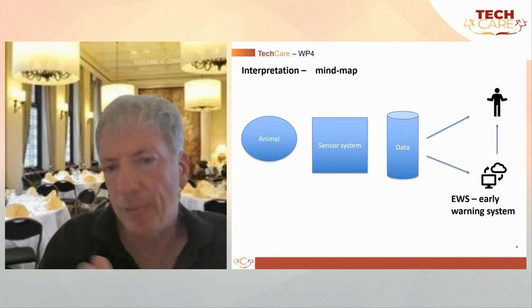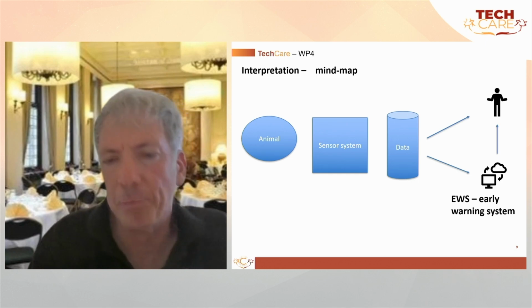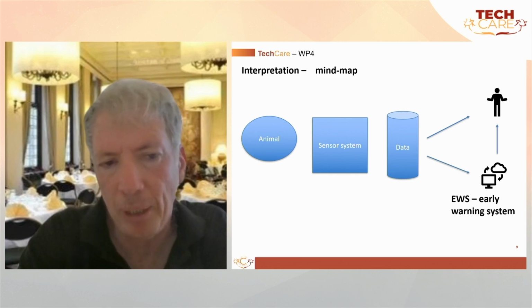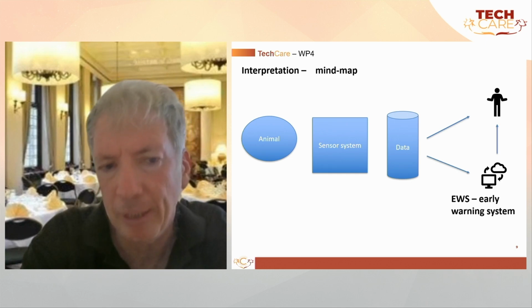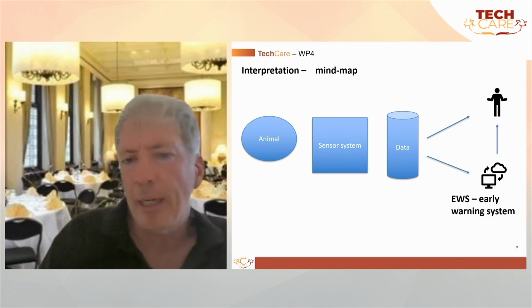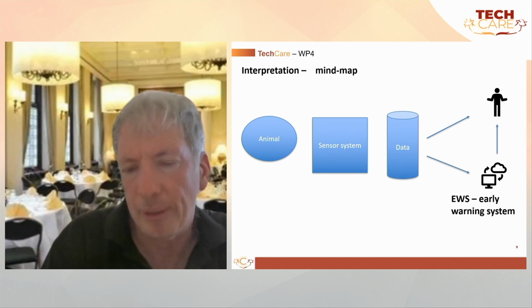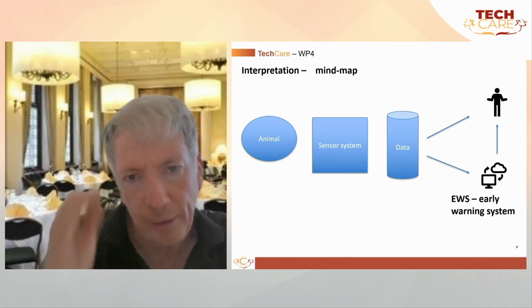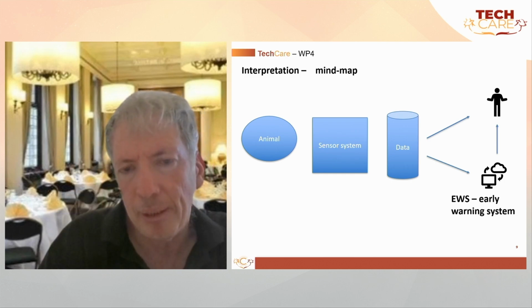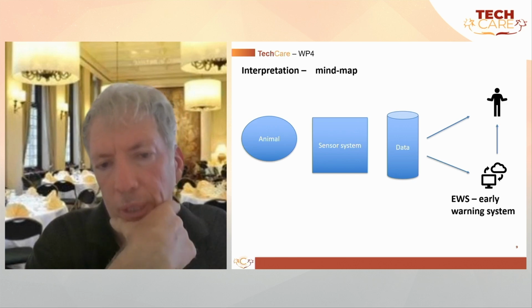So it's the level of maturity, or it depends on the size of the farm, how many animals he has in the herd, and the capability of the farmer, whether he gets the alarm from the system or looks at the data. In this example, I showed you both.